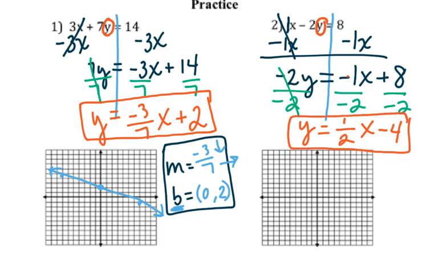I solved for y. It will always look like y equals mx plus b. Graph this for me. There's an x and a y, which means there also has to be an m and a b. Easy. Not too difficult at all. So you're graphing number 2 on the back.